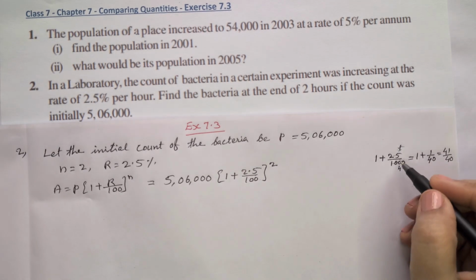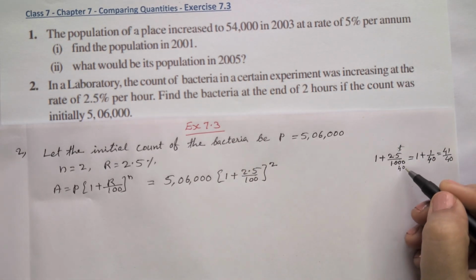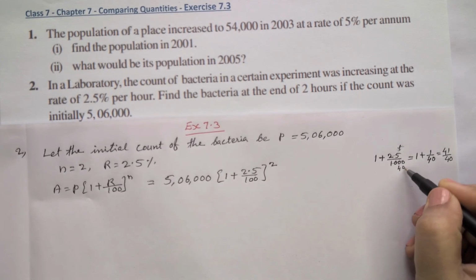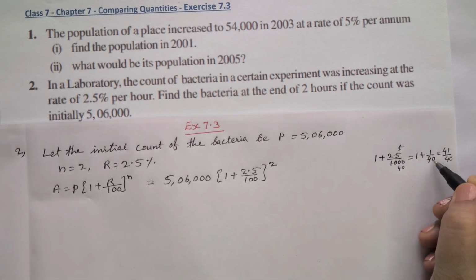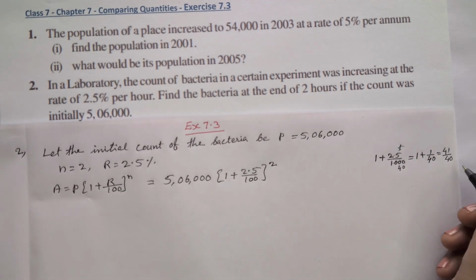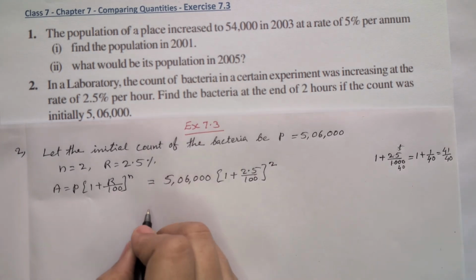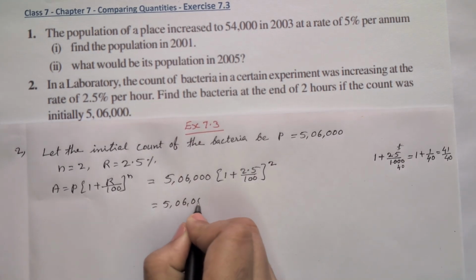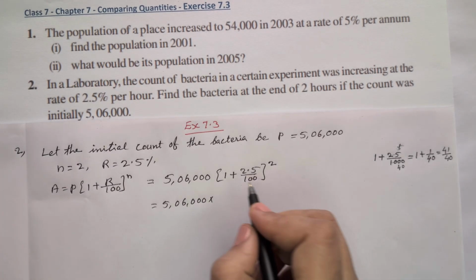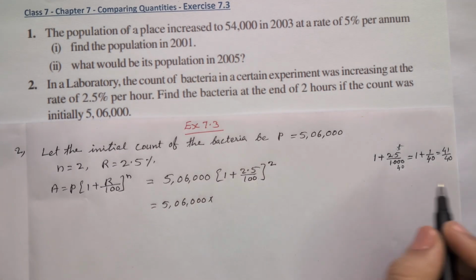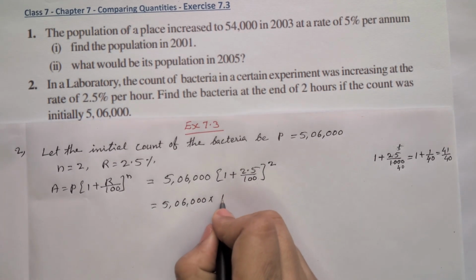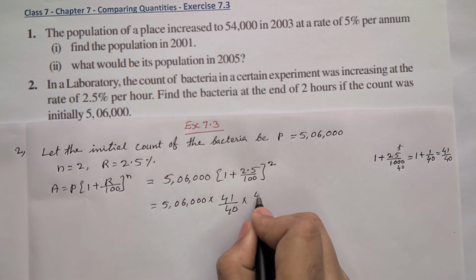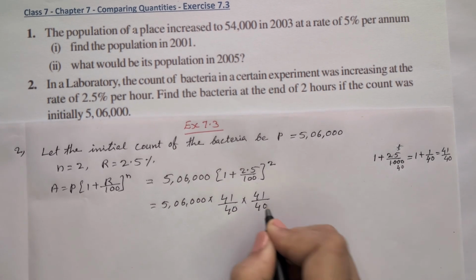We can divide by 25 here itself before taking LCM. So 25 here 1 time, and in 100 for 40, and 1 plus 1 by 40, which is equal to 41 by 40. So we can write, which is equal to 5,06,000 into 41 by 40. In this bracket fully we simplified as 41 by 40, 2 times square.